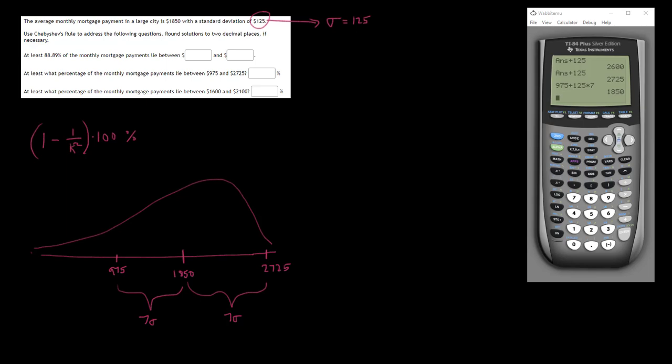So at least this percent of data lies within k standard deviations of the mean.